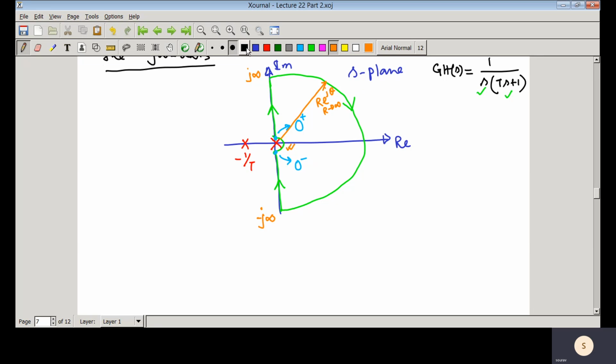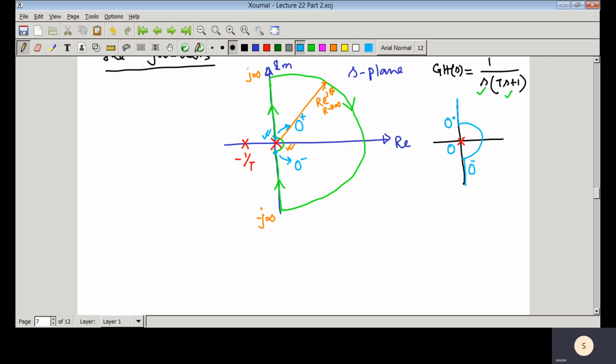If we draw it again, this is the zoomed version of this portion. We have the pole here, and the arrow is like that.